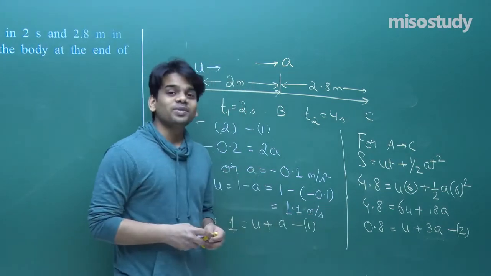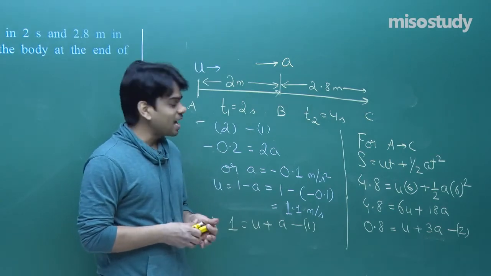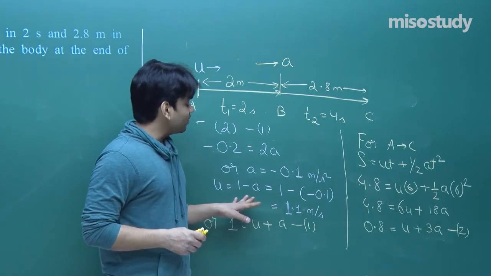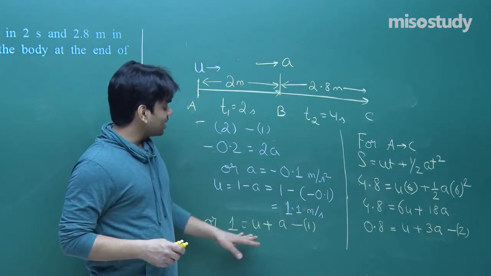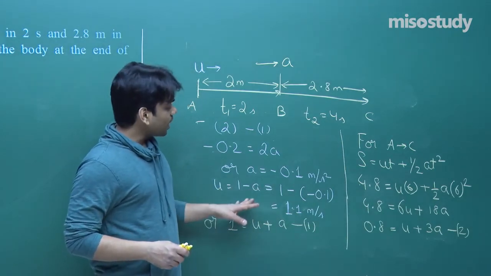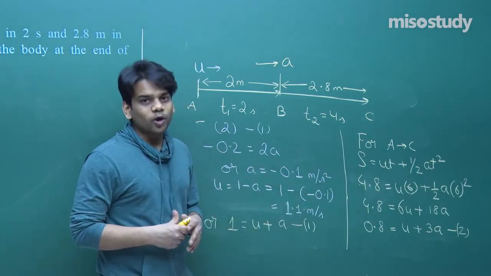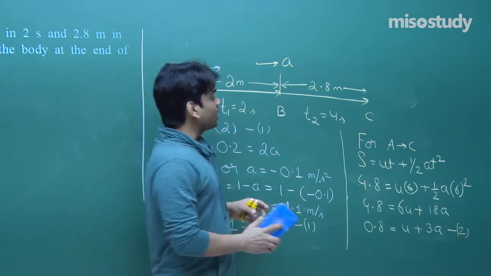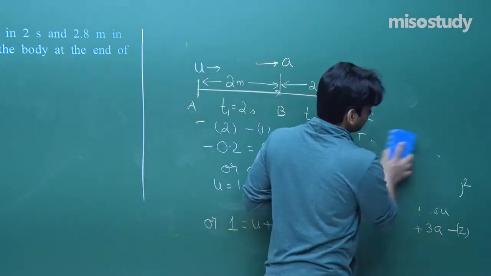Acceleration is negative, that actually makes us understand that it is a case of retardation. We also evaluated the value of u from this value of acceleration, that is 1 minus a. So 1 minus 0.1 will give you 1.1 meter per second, that is the value of initial speed. Now what is the value after 10 seconds?